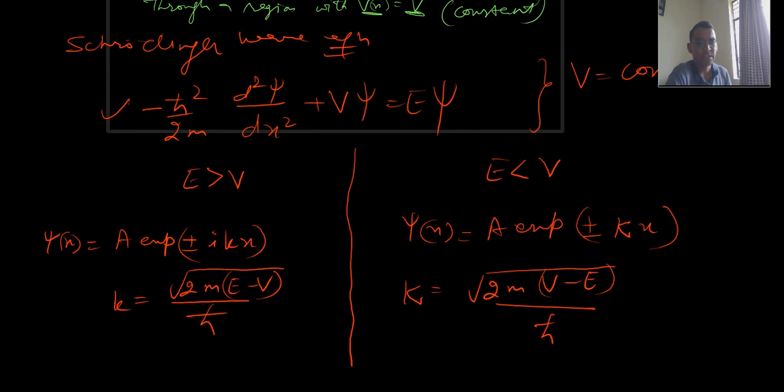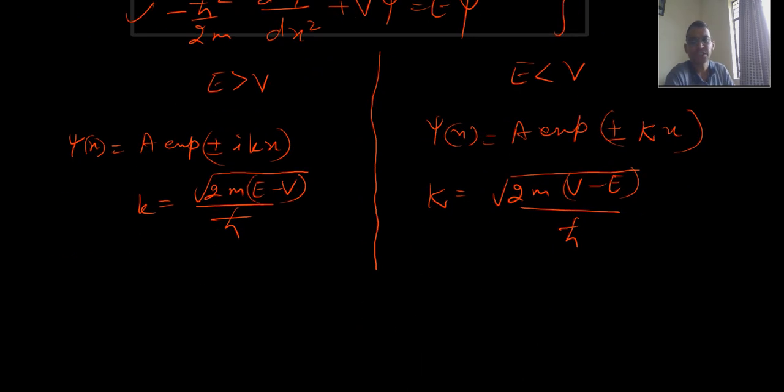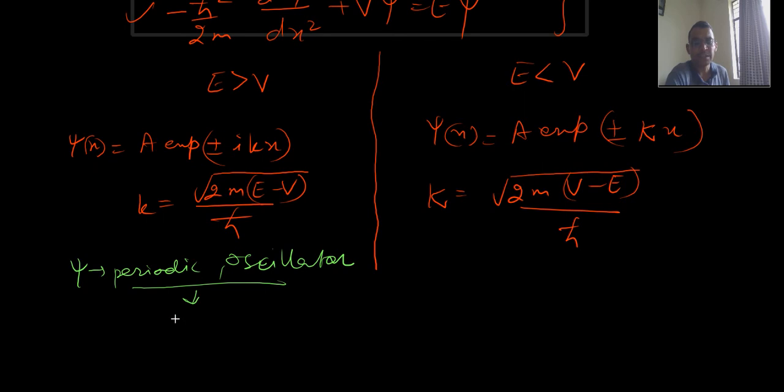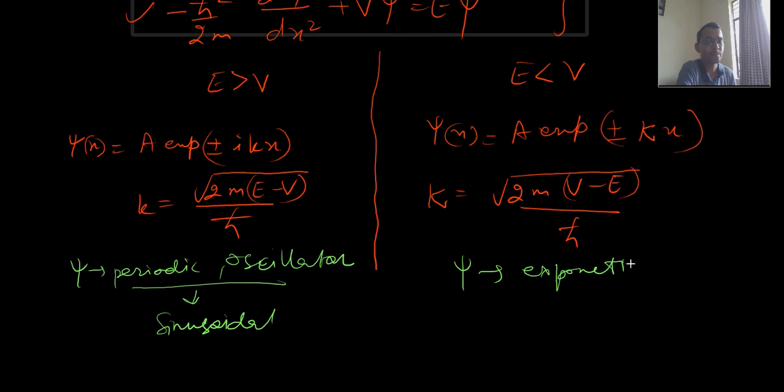Now let us try to see these two wave functions. Here this is a periodic wave function. Psi is periodic and oscillatory. That means its behavior is sinusoidal. And here the psi varies exponentially. This is the basic difference between these two wave functions.